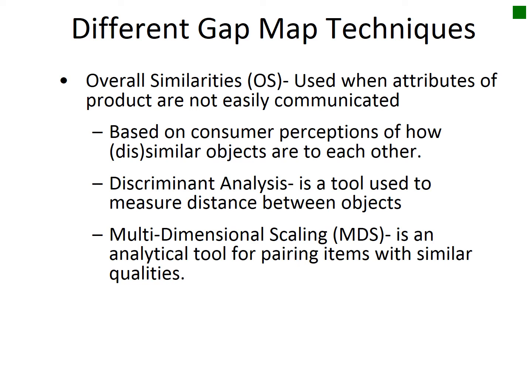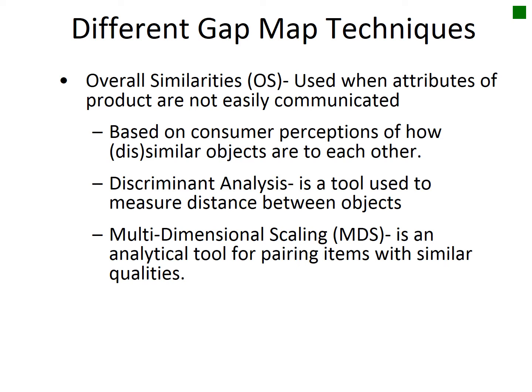So it's again another way that we can look at brands, and we can think of lots and lots of different product attributes all at once as a composite, and we want to again look at how one brand will compare to another from the perceptions of the consumer.